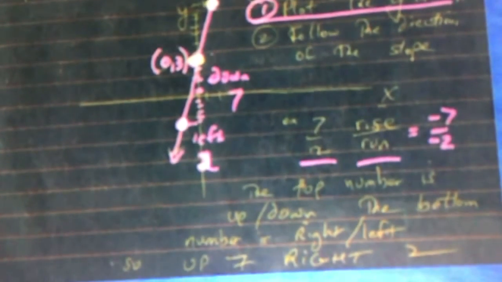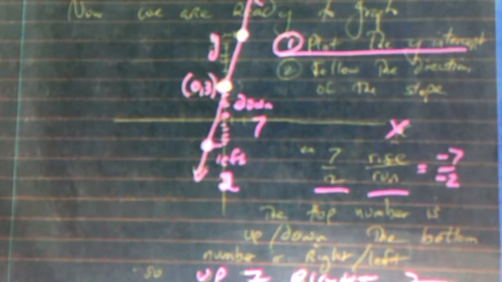That's the first step. Then we followed the direction of the slope, which was 7 over 2, rise over run. Rise is an up-down motion, it could be up or down. In this case, it's up 7. And the run on the bottom of the fraction is right or left.